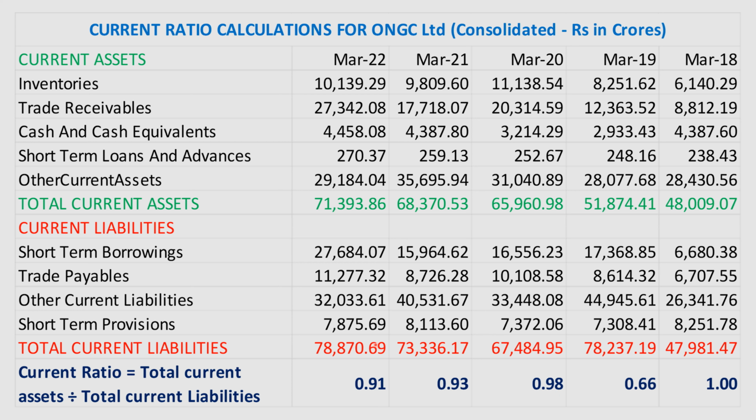So if you see the current assets and current liabilities and their proportion, the growth of current assets and current liabilities when compared to previous periods will give you more information for understanding why the current ratio is increasing or decreasing. When you see the overall current ratio of ONGC, it is just around 1, and in fact less than 1 in March 2022.